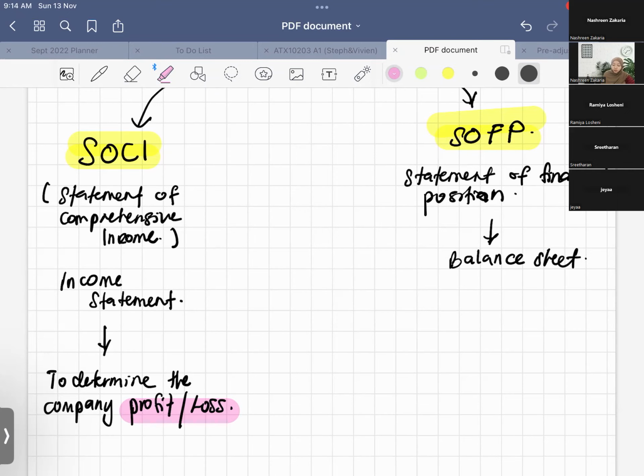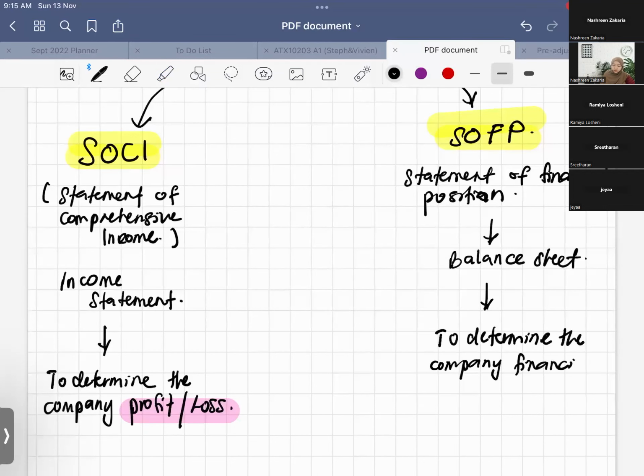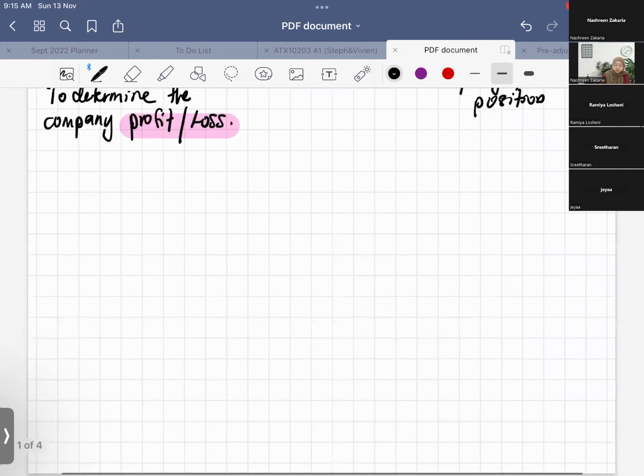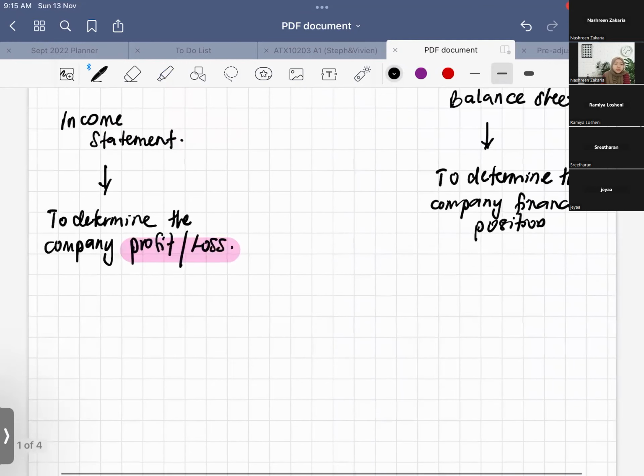Okay, and what is the purpose of the balance sheet? This is to know the company's financial position. Okay, so write here, financial position. That is the purpose: income statement and balance sheet.